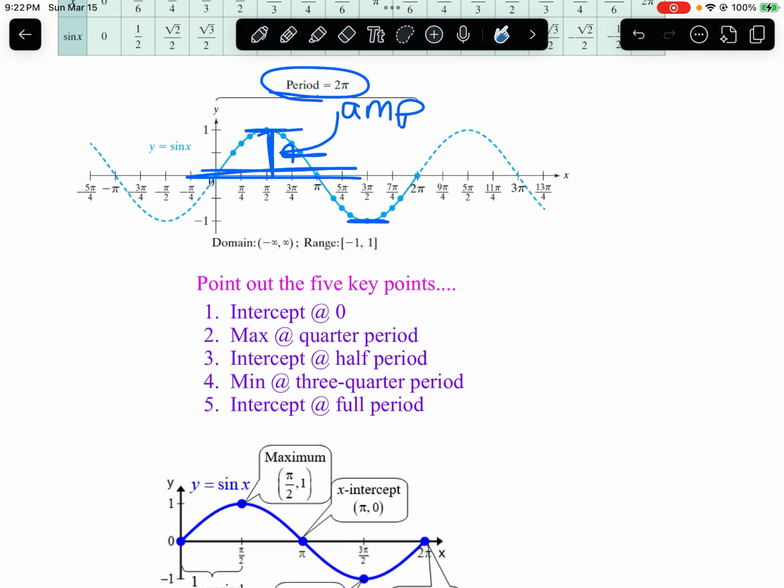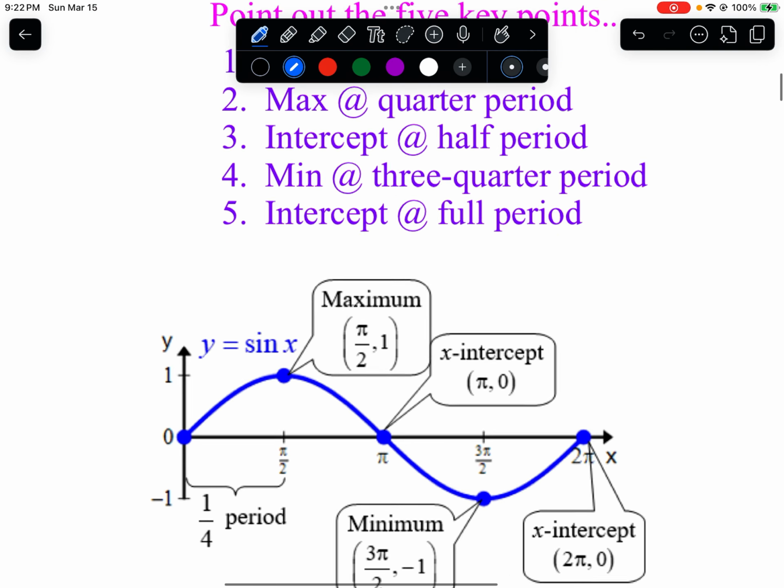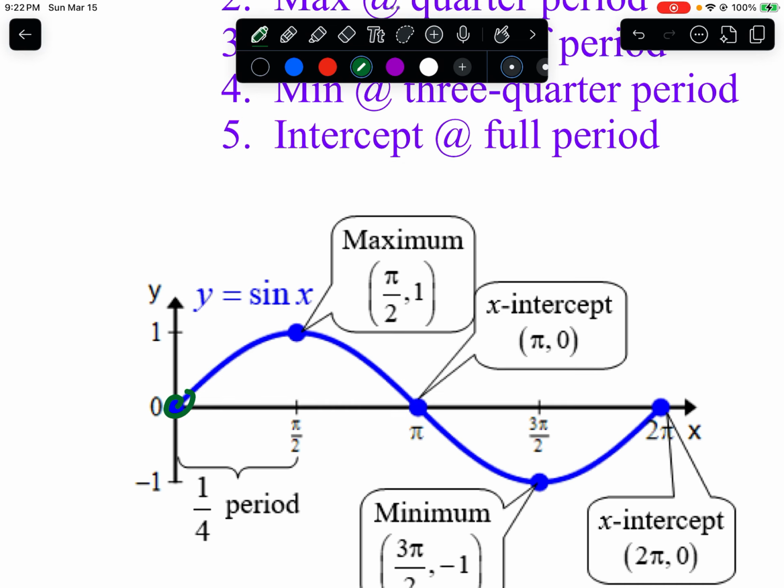Okay. So when we get to actually graphing them, we're going to find 5 key points, because with a sine function, it always starts in the middle here at the x-axis. For day 1, or for the first part, it actually is the x-axis. It might shift when we get into day 2, when we start talking about vertical shifts.